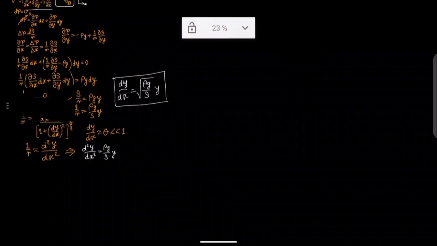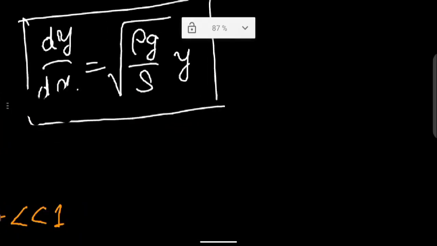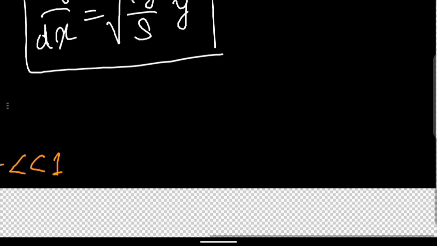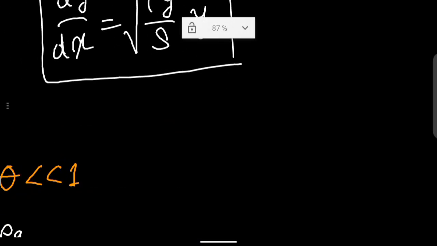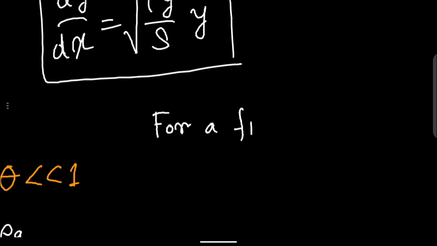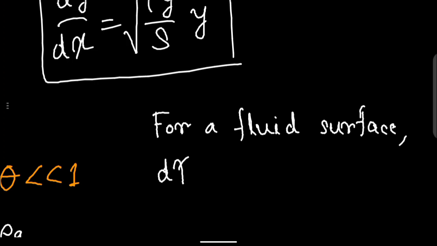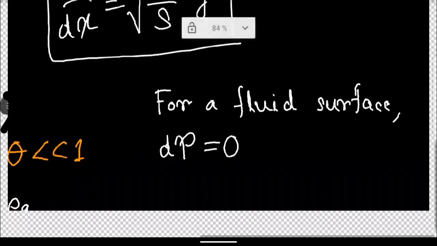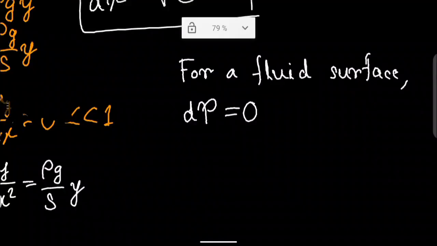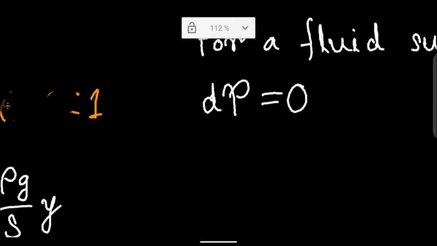So what was the key takeaway from this problem? You may learn that for a fluid surface, any fluid surface, however it is, dp is equal to 0. If dp is equal to 0, that means pressure may vary in x, y, z, any directions.